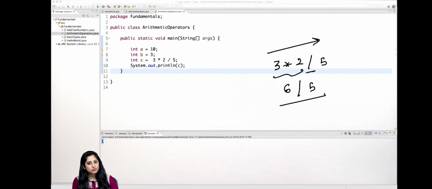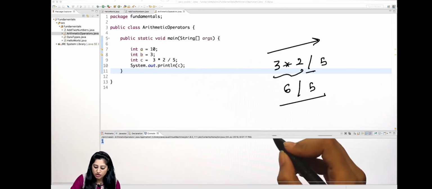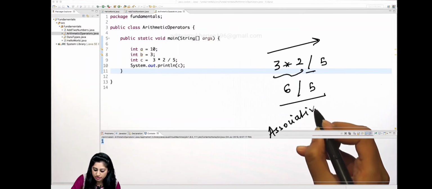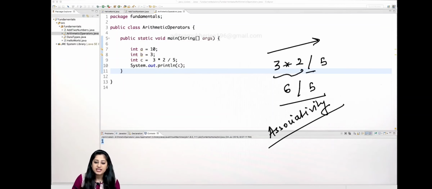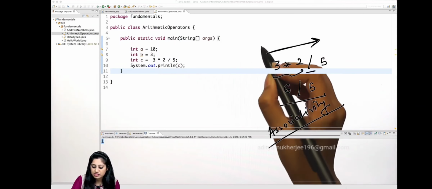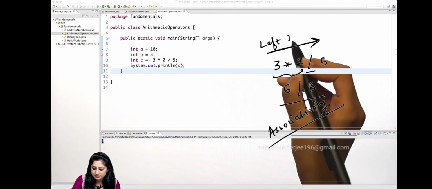That means the leftmost same precedence operator is evaluated first, and then the result is calculated from left to right. So we call it associativity. Based on their associativity, we are calculating what will be the result of the expression. In this case, the evaluation takes place from left to right.